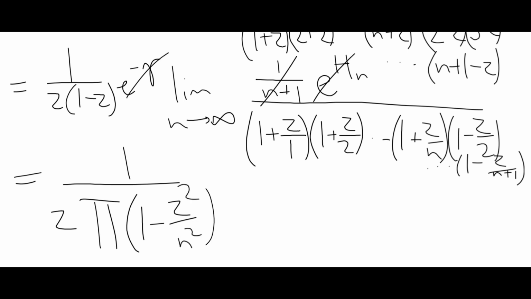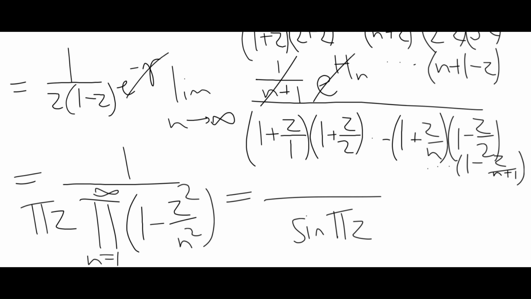So we get this. And now this was exactly Euler's formula for the sine function, except where we've scaled everything by a factor of pi. So what we end up with is sine pi z in the denominator, but then that gives us an extra factor of pi out front. To fix that, we put a pi up top.